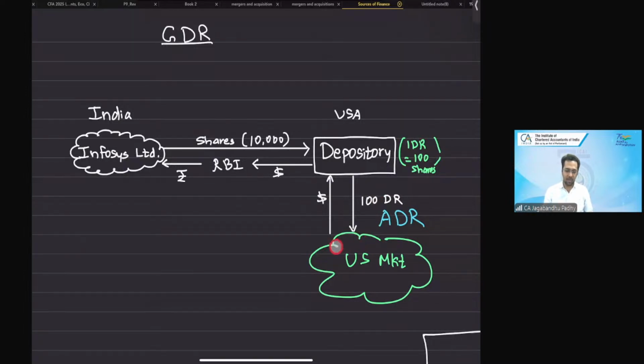Then the money comes to the depository in dollars. The depository transfers the dollars to RBI, and RBI transfers the money to Infosys in the form of rupees. Of course, there are charges applicable along the way, from Infosys to the US market and from the US market back to Infosys.